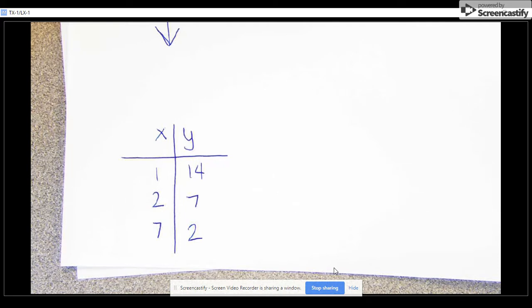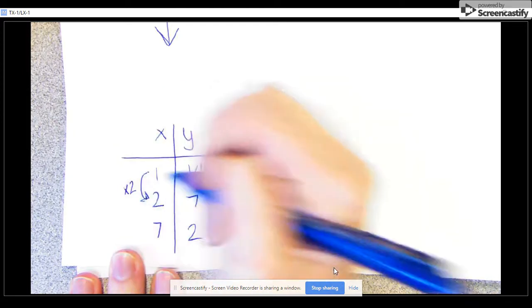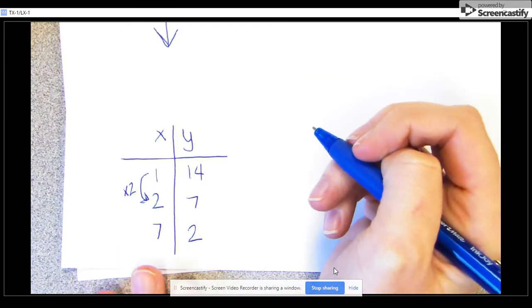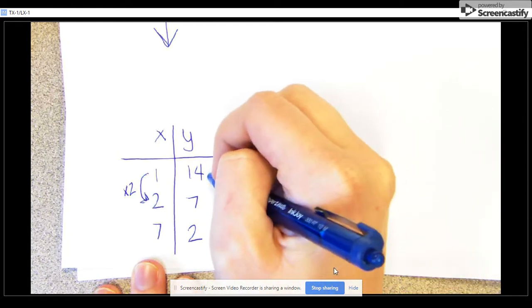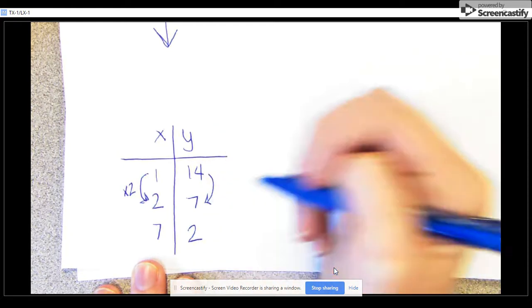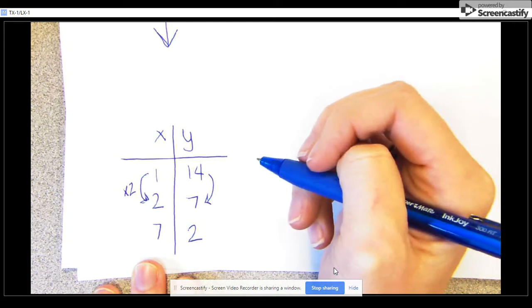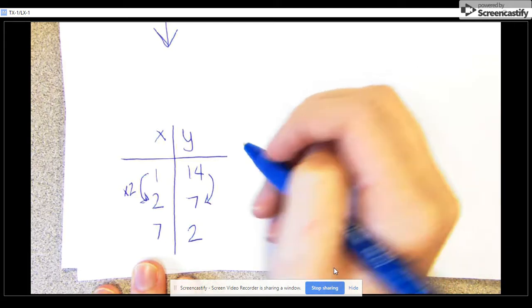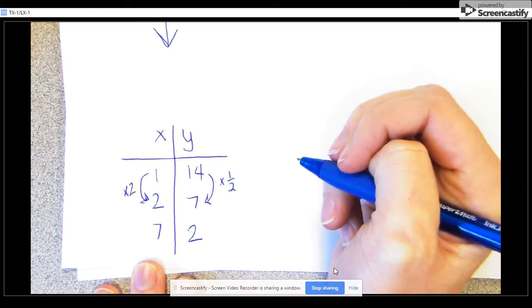On this chart, just like with direct variation, we want to see the relationship. To get from 1 to 2, I'm multiplying by 2. Always remember, you want to find the relationship with multiplication. Now if we look over here, to get from 14 to 7, I can't multiply by 2, but I can multiply by 1/2.